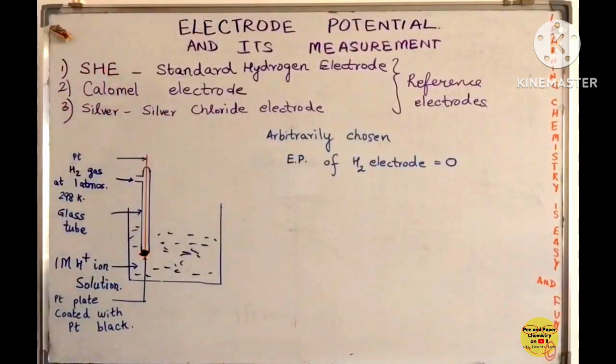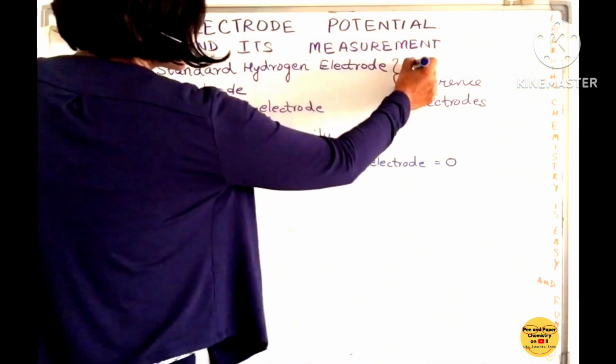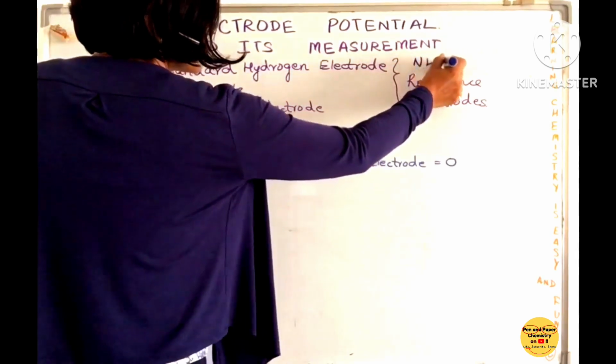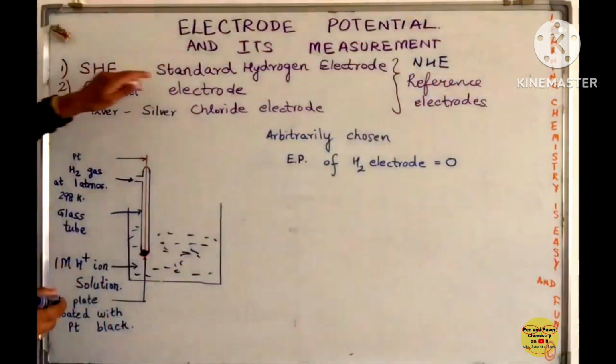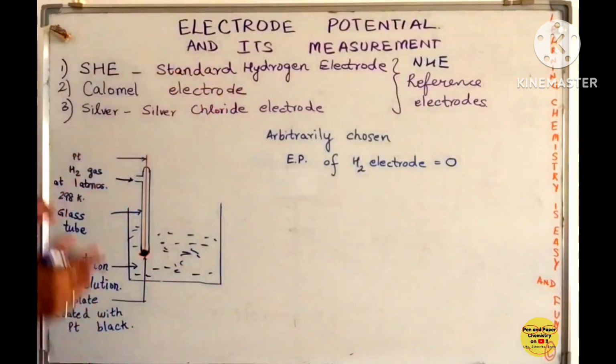Reference electrodes, that means these are the electrodes which are used to measure the electrode potential of the various metals and the non-metal combinations. There are 3 types of reference electrodes that I will mention at present, that is the SHE, also called as NHE. SHE stands for standard hydrogen electrode.